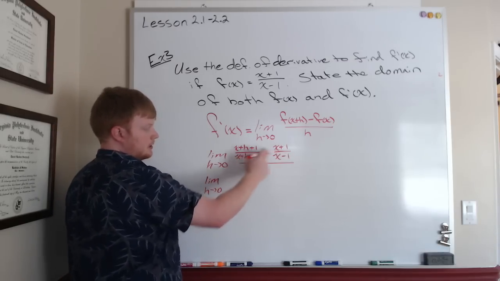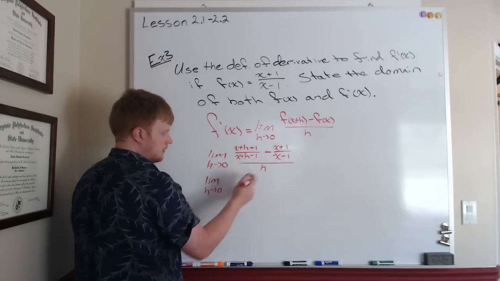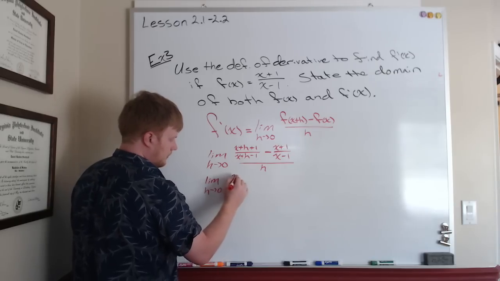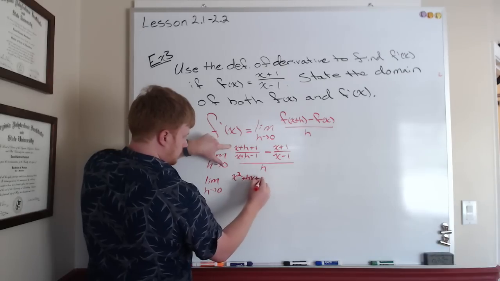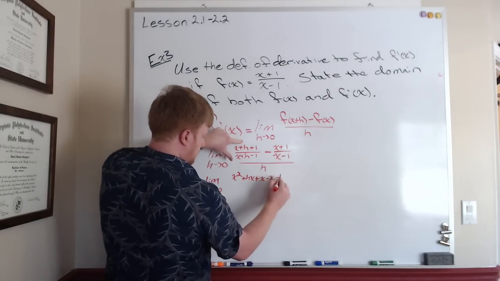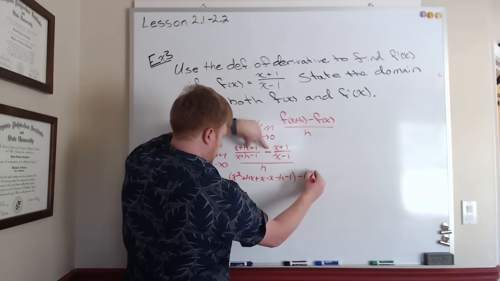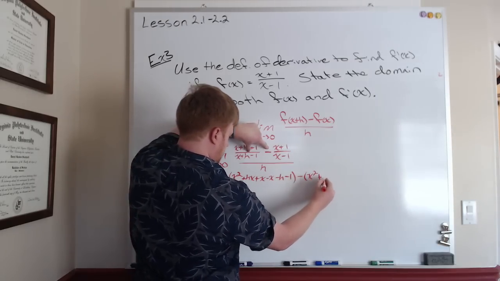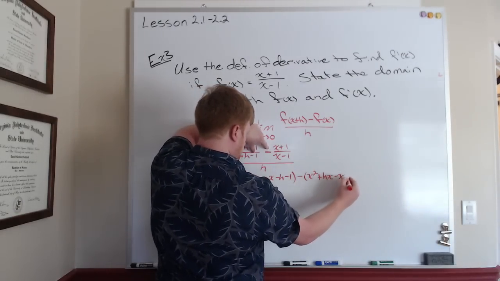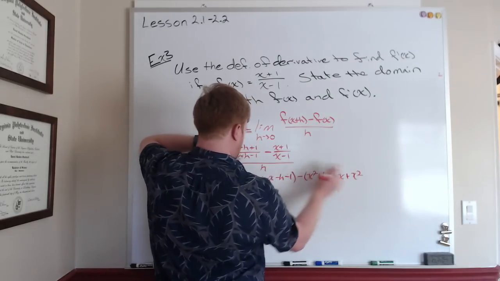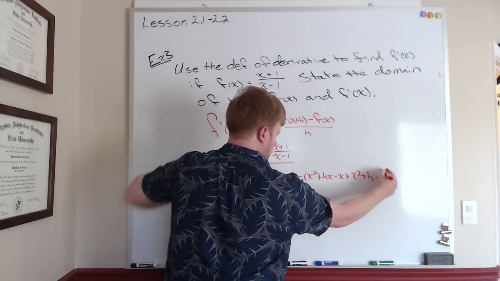Coming up with a common denominator and multiplying by the proper factor, we'll end up with, let's see, x squared plus hx plus x minus h minus 1 minus x squared plus hx minus x plus x squared plus h minus 1.